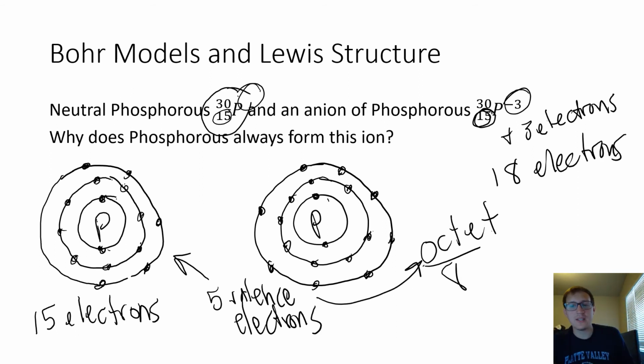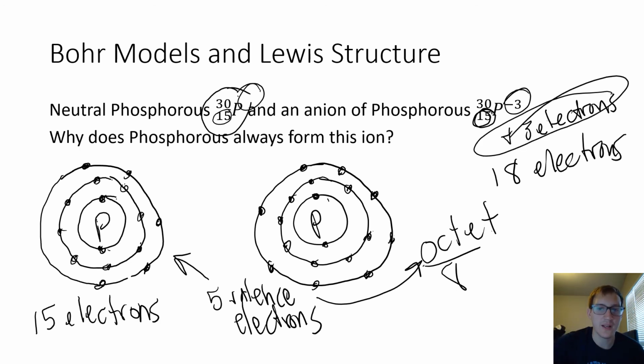Well, what's the easiest way to get from 5 to 8? Well, that's by adding 3 electrons. And that's why phosphorus is always going to form a -3 ion, because it's always going to gain 3 because it wants to get to 8. Wants to all the time, no matter what, it wants to gain 3. Okay, I hope that is clear. And so those would be my Bohr models.